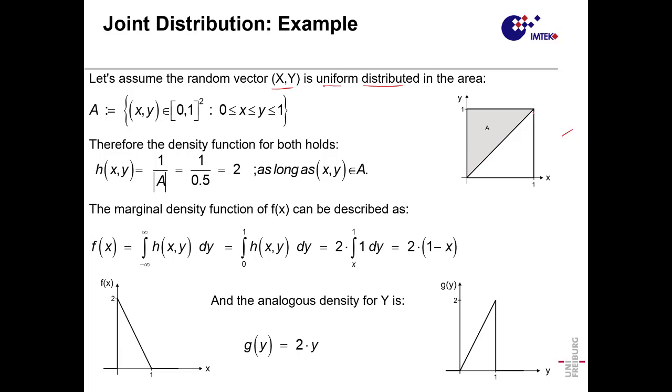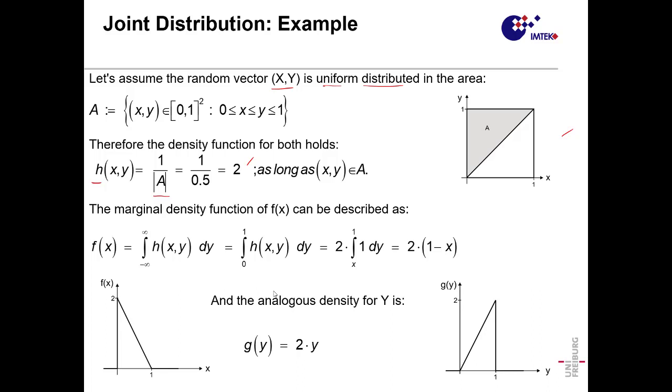And the joint density function h is just 1 over A, okay? And A is half of the square that is formed by these two variables, okay? So it's basically 0.5, so the joint density function is just a constant 2 because it's a uniform distribution, okay?